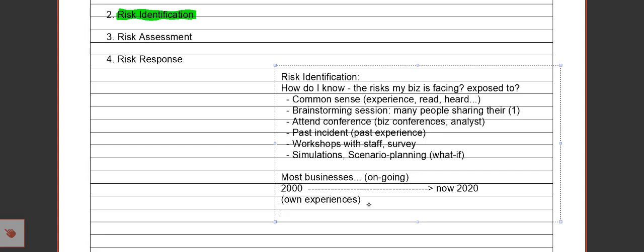Now, what do we do? That's why in business we talk about documentation. How do we record our risk?